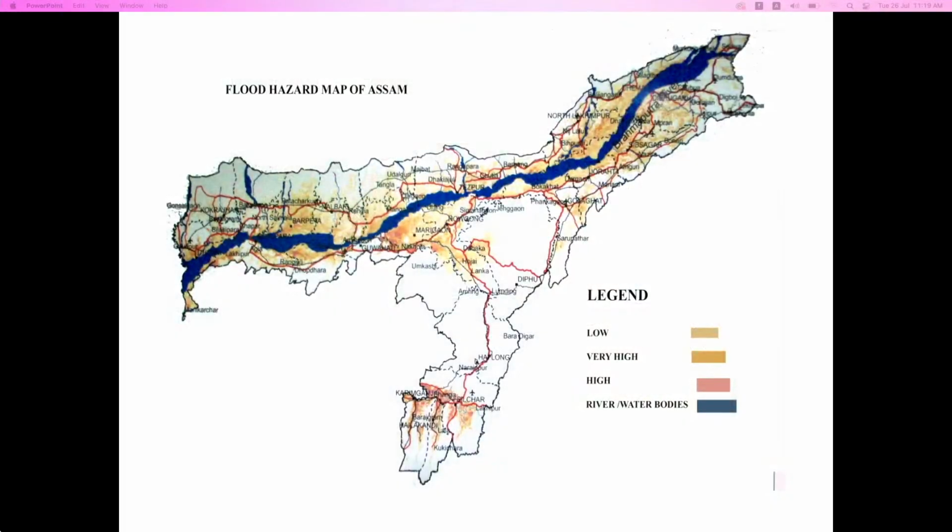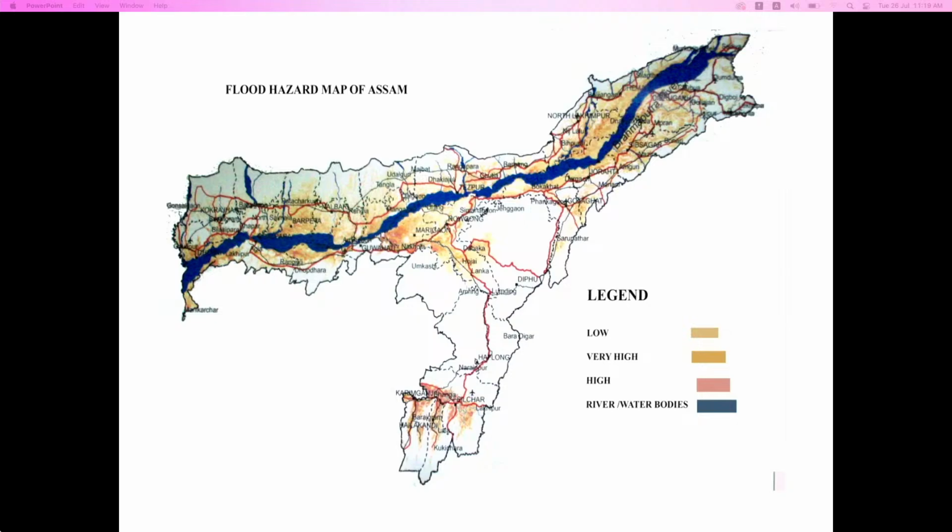maps can convey a lot of information in a small space, especially information that is spatially distributed, right? Any information which is variable over space, geographically, can be presented or represented in maps.